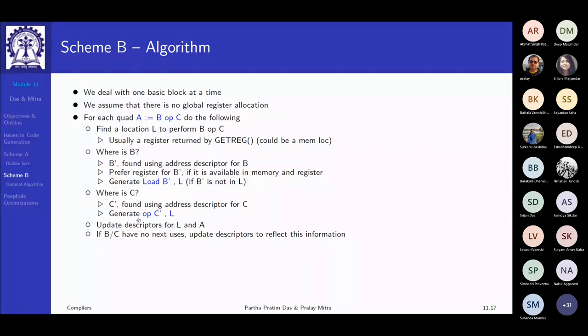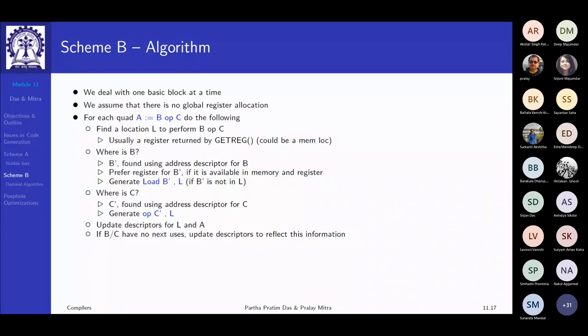Once this is done, we will do an operation of C prime, L. L already has B, so this operation with C prime and L will actually do B operation C, the left operand being in the target. After this operation, L will represent the final computation done for A.